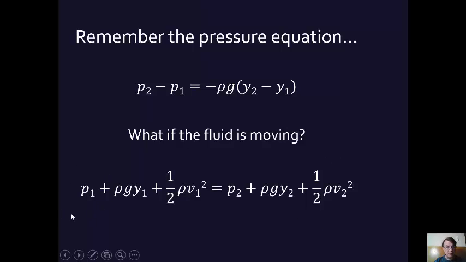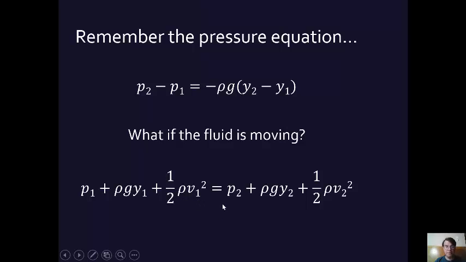So the pressure at point 1 plus the potential energy at point 1, which is rho g y1. Again, g is 9.8 meters per second squared, and rho is mass per volume for that fluid. Plus 1/2 rho v squared, that's the kinetic energy at point 1: the density times the velocity squared, half of it.